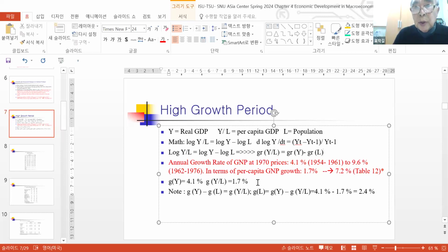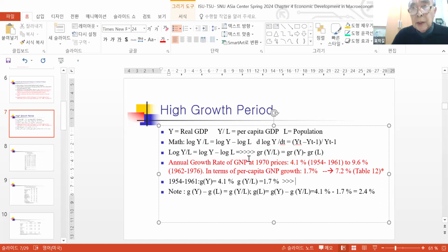Okay, during which period? 1954 to 1961 period. We have accounting here: real GDP growing 4.1%. Per capita GDP growing 1.7%. Okay, then can you say something?